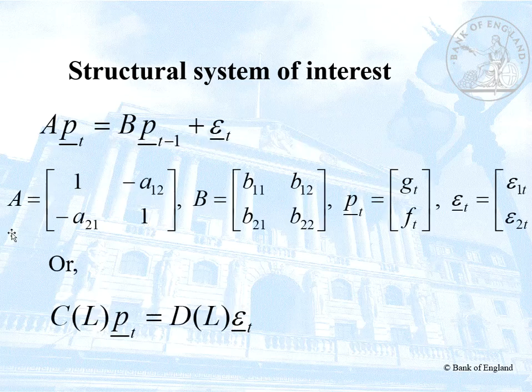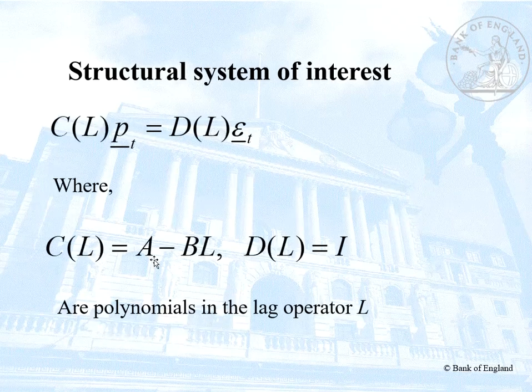Then we will find that A can be represented like this, and B is like this. For Pt and Pt minus 1, we combine the administered price and the free price into one vector. And then if we denote this into the lag terms, we can represent it this way.